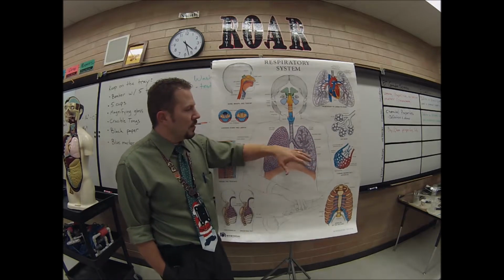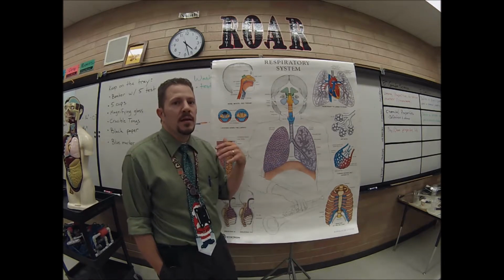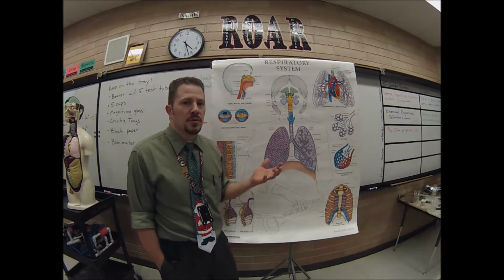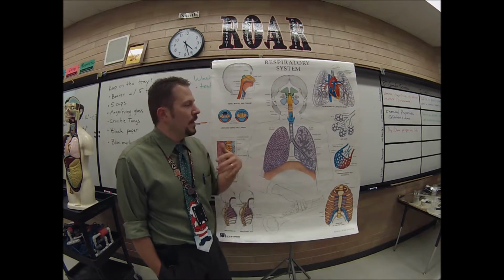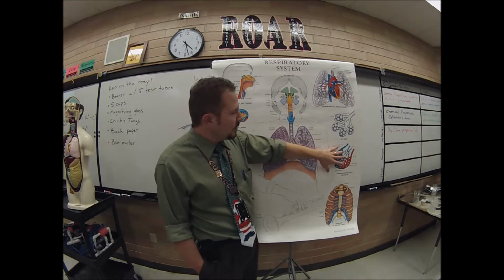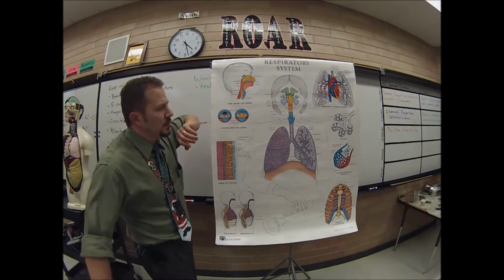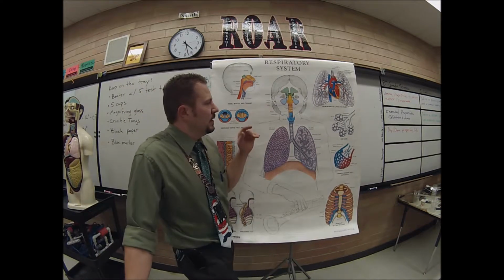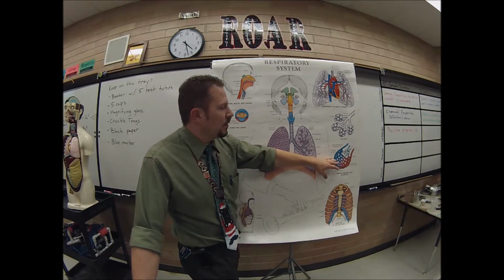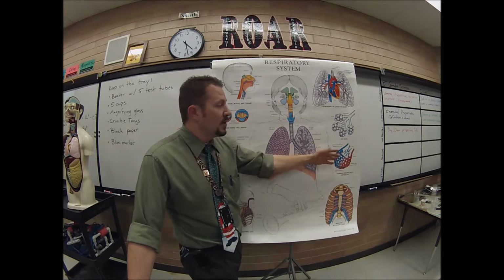And that is where the air transfer is going to take place as we breathe in, take in the oxygen, and the carbon dioxide will come out of our circulatory system, out of our bloodstream, and we'll breathe that out. Okay, so we have some other images here that show some close-up images, but the critical part of this is the connection to the circulatory system, where the diffusion and osmosis of these gases are being transferred.